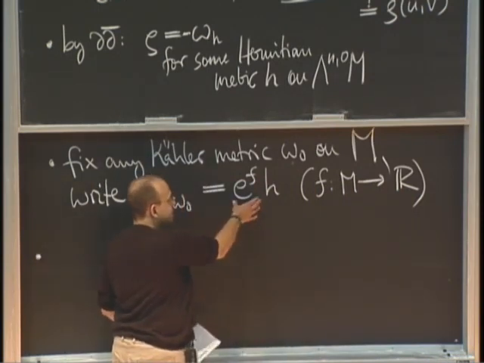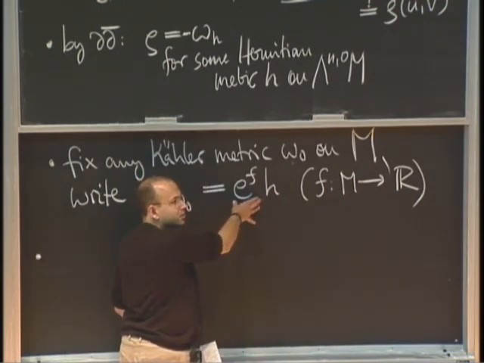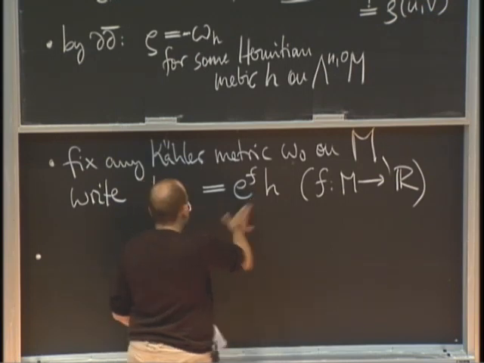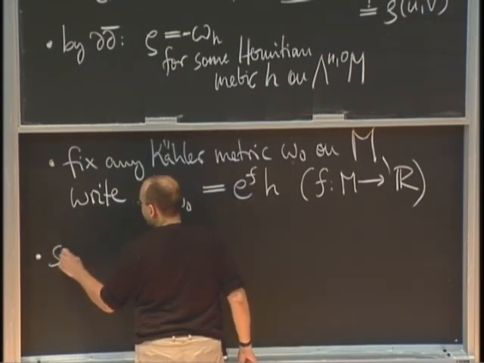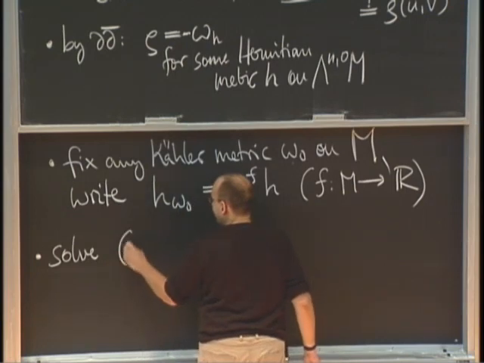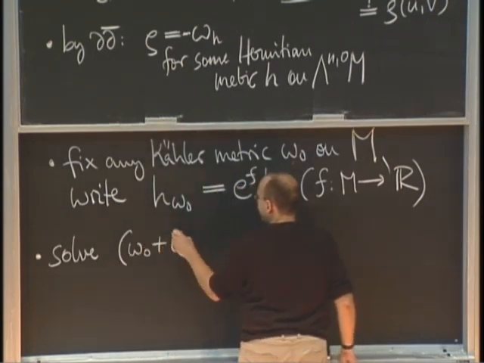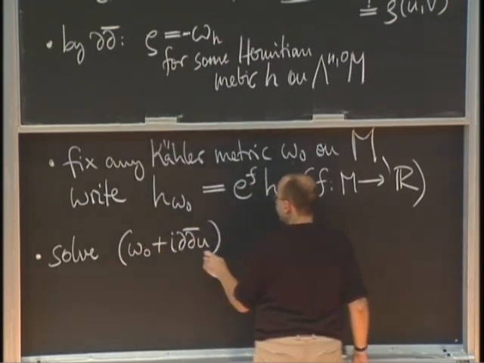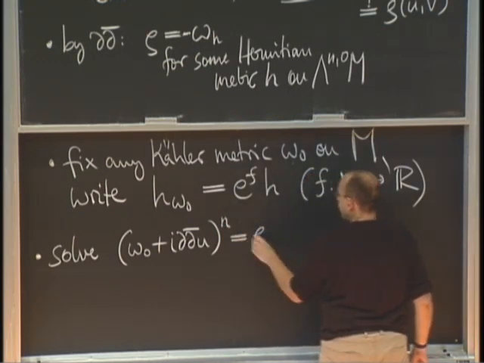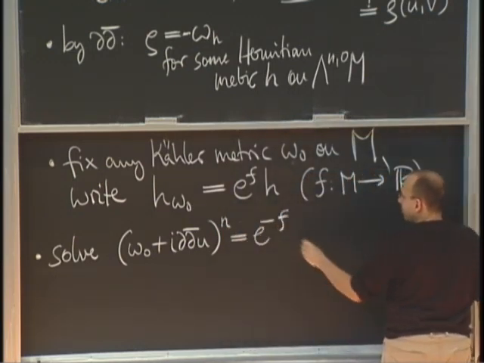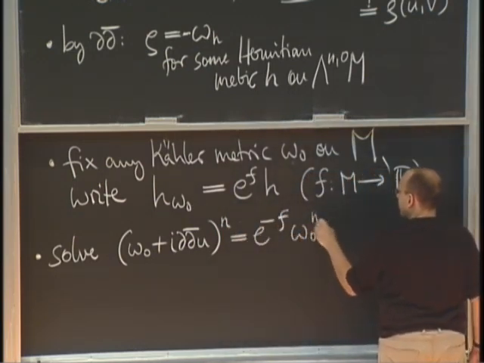And this is the difference in volume forms of my Kähler metrics that I need to account for. So the equation that I want to solve is (omega 0 plus i ddbar u) to the n equals e to the minus f omega 0 to the n.